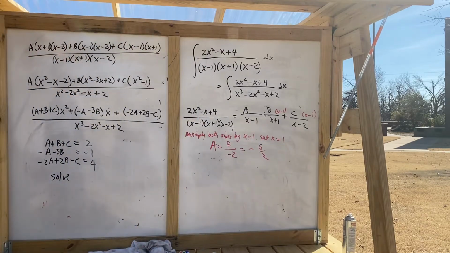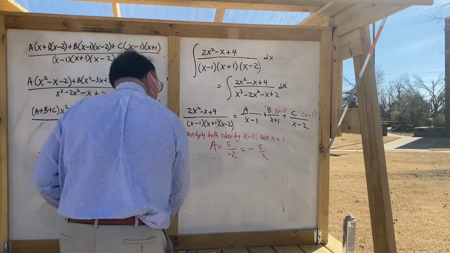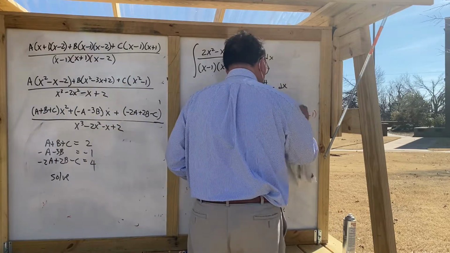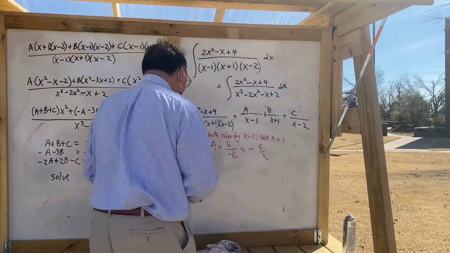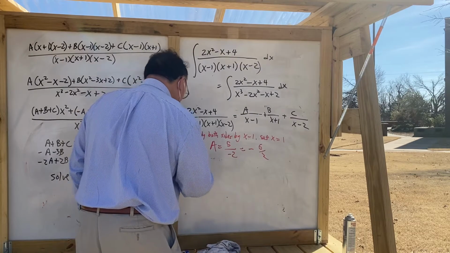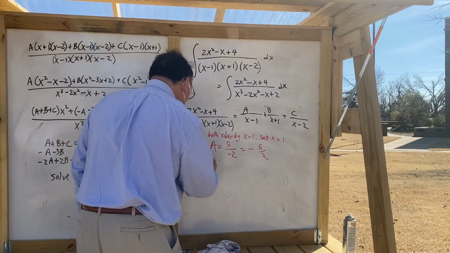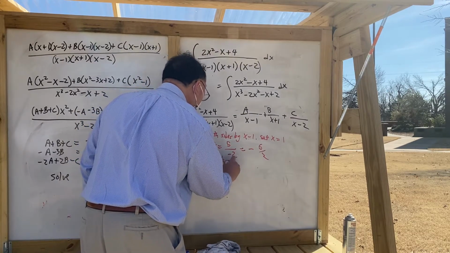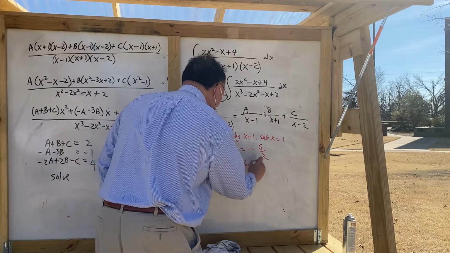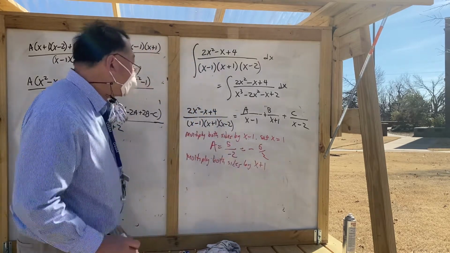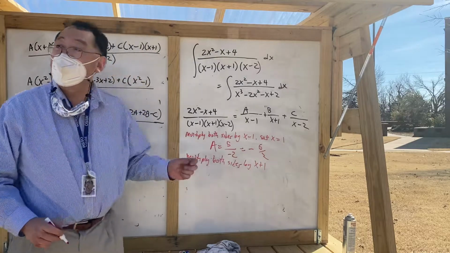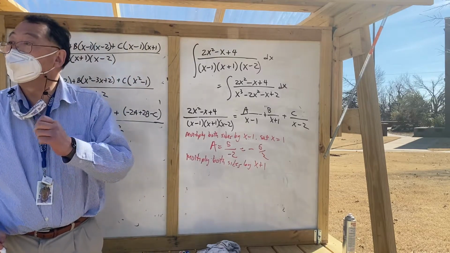All right. So now let's figure out b. Now I'm going to multiply both sides by x plus 1, and then I'm going to cleverly set x equal to what?